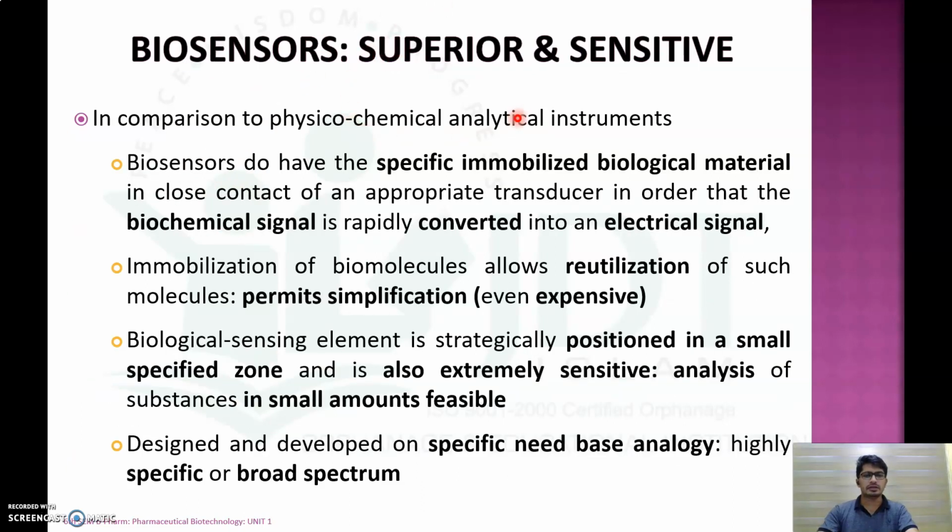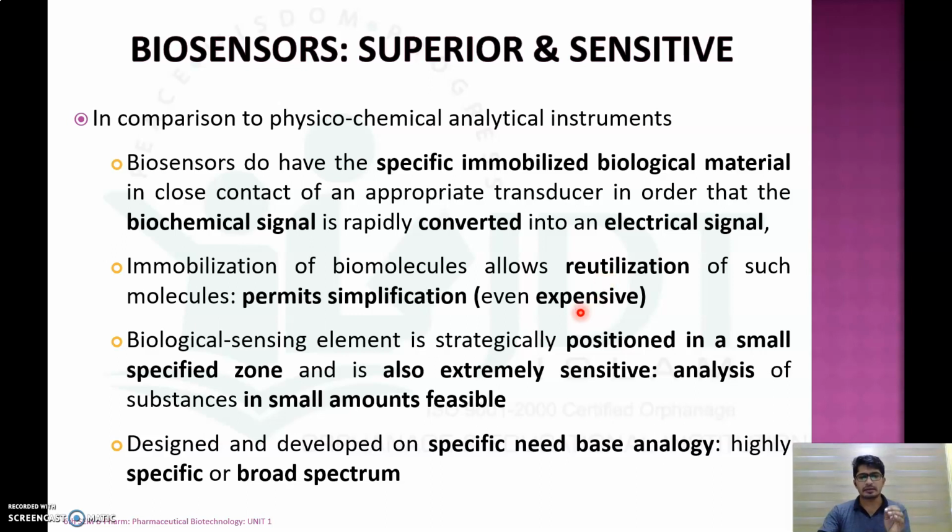Now, what is the superiority or sensitivity of biosensors in comparison with physiochemical analytical instruments? As we all know, biosensors have specific immobilized biological materials in contact with an appropriate transducer, so that the biochemical signal is rapidly converted into an electrical signal. Also, immobilization of biomolecules allows reutilization of such molecules. So we can permit the simplification of the full assembly of biosensors even though it is expensive.